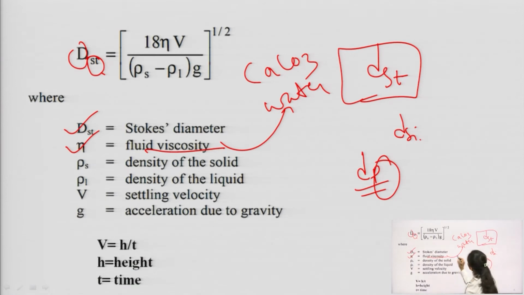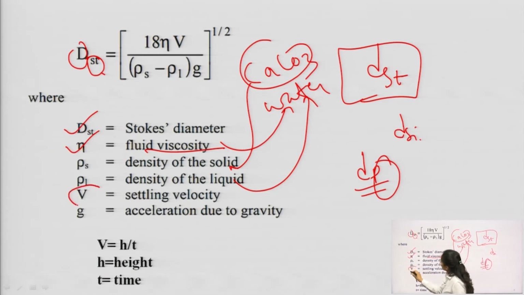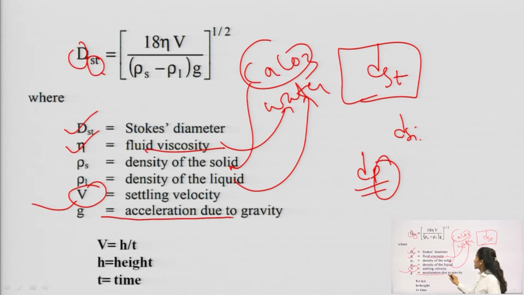Density of the solid: which particles have we taken, calcium carbonate, so the density of calcium carbonate. Rho 1 is the density of the liquid, that is the density of water. Settling velocity, this velocity you have to determine. G is acceleration due to gravity, that is 9.8, a fixed value. So in this formula what is unknown is V.